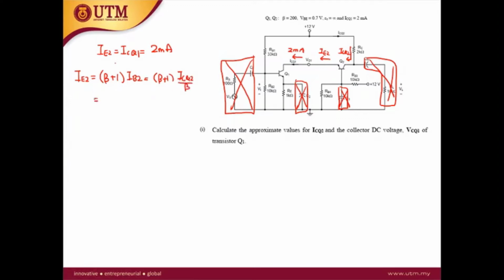Lastly, you get beta plus 1 over beta times ICQ2. IE is 2 milli, and beta is 200. So 201 over 200 is ICQ2. So we can determine the ICQ2 is almost similar to the IC1. This is the answer for the ICQ2.